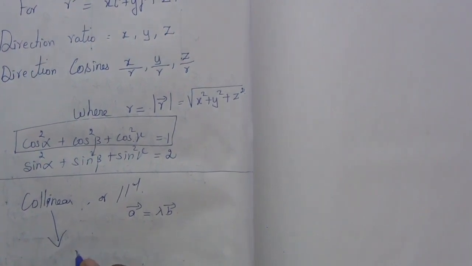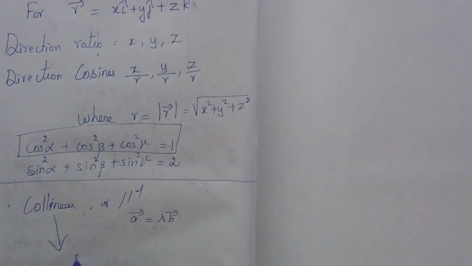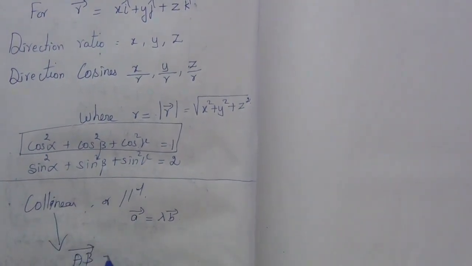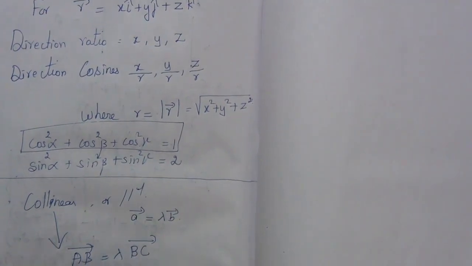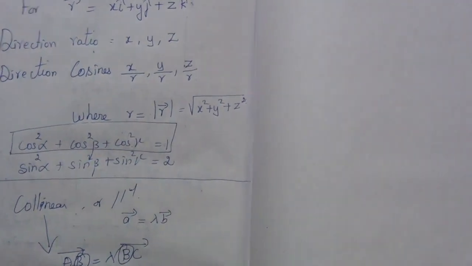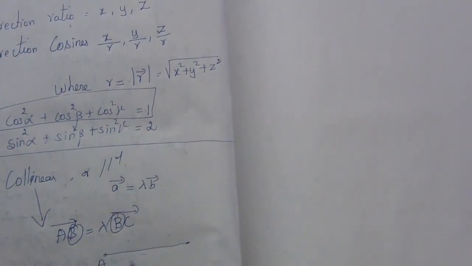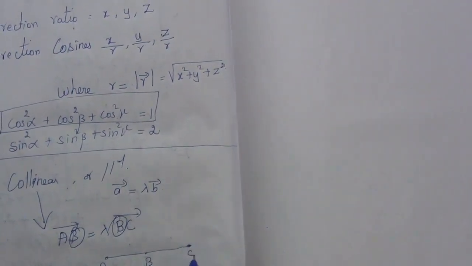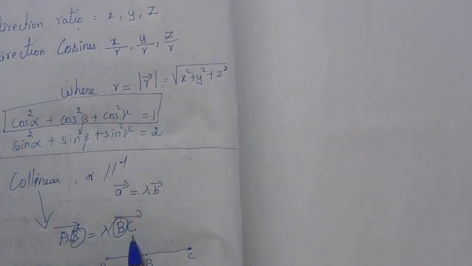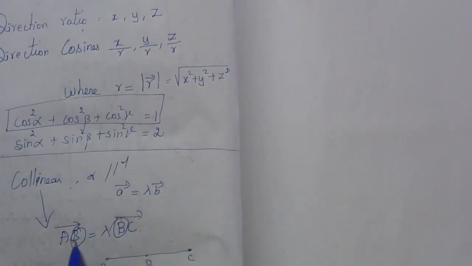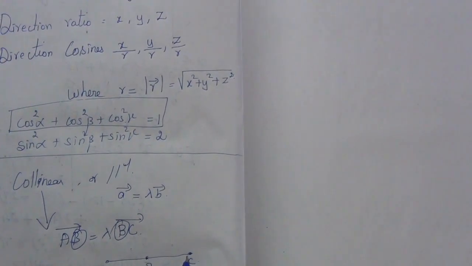For example, if the points A, B and C are given, AB vector is equal to some constant into BC vector, where one point will be common. If I am getting AB equal to BC, we cannot say that as parallel because B is common. So it must be in a straight line.